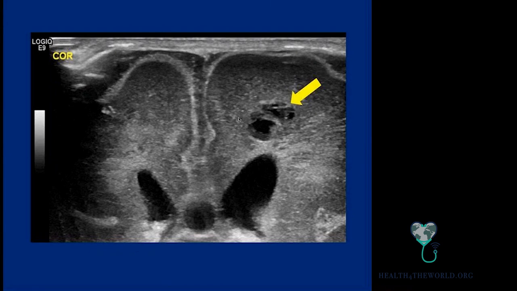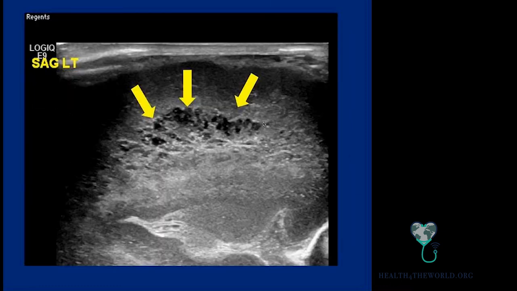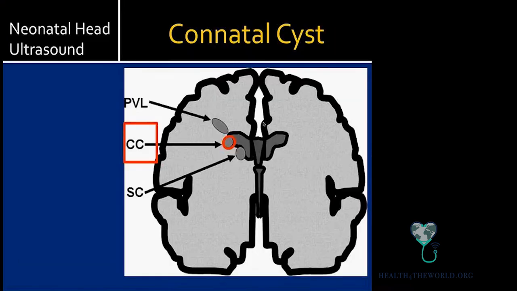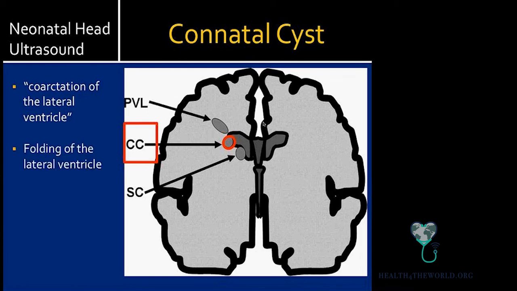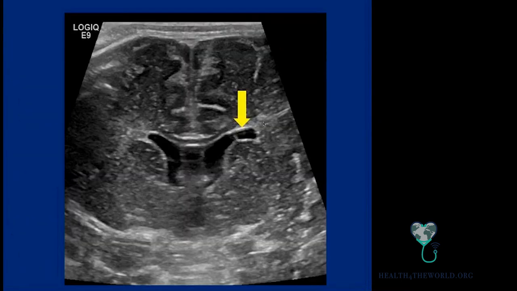Then later on, it turns into these little cysts, just as you saw on the diagram, and in the sagittal plane, a sort of Swiss cheese look up here on a sagittal view. Connatal cysts, as we mentioned, are also known as coarctation of the lateral ventricle, where the lateral ventricle pinches off. It's a normal variant. It may or may not be seen on MRI, but it requires no further follow-up.